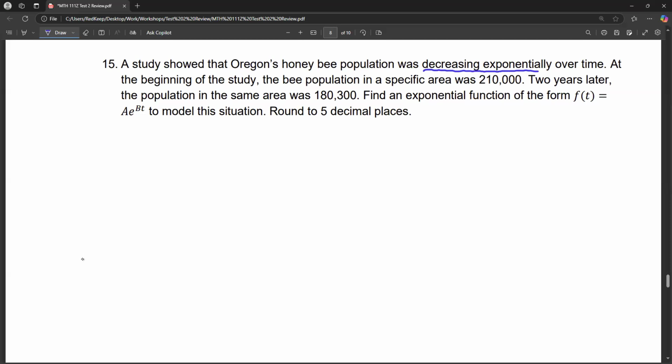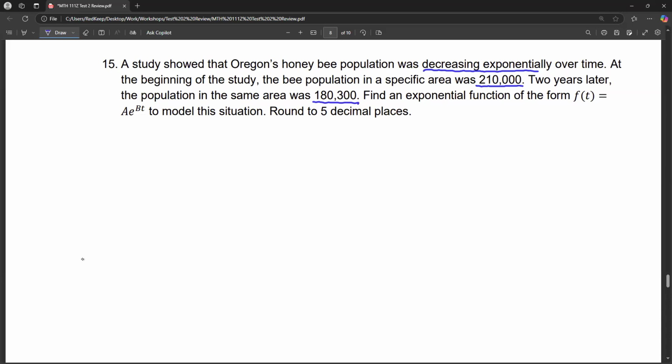At the beginning of the study, the bee population in a specific area is 210,000. Actually, I think we have another question after this. Two years later, the same area population was this. Okay, so we'll write down later what these things mean.